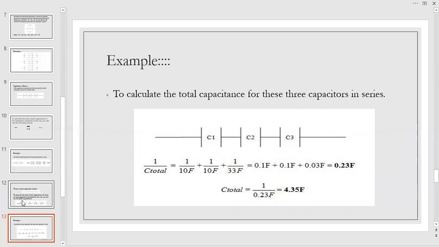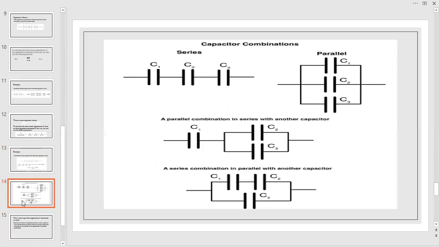Here, 1 by C total equals 1 by 10F plus 1 by 10F plus 1 by 33F, equals 0.1F plus 0.1F plus 0.03F, equals 0.23F. C total equals 1 by 0.23F, equals 4.35F.